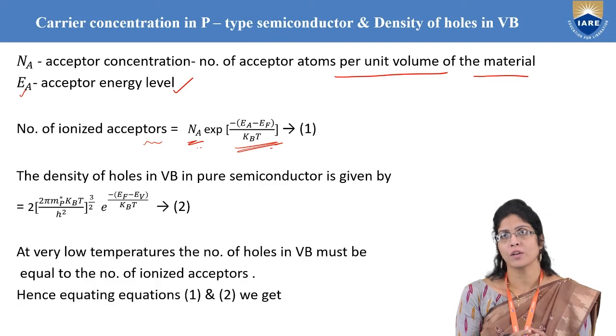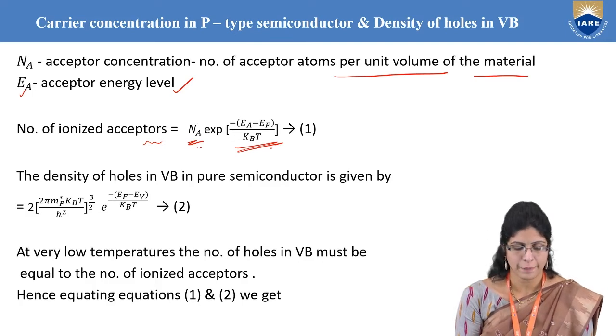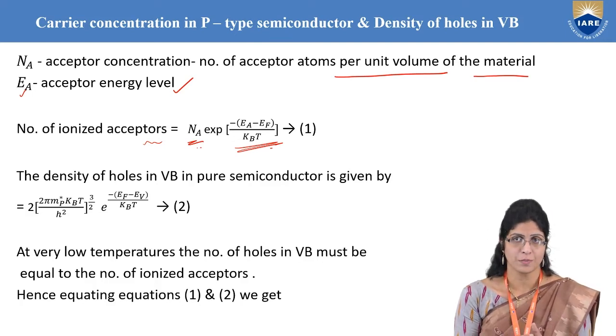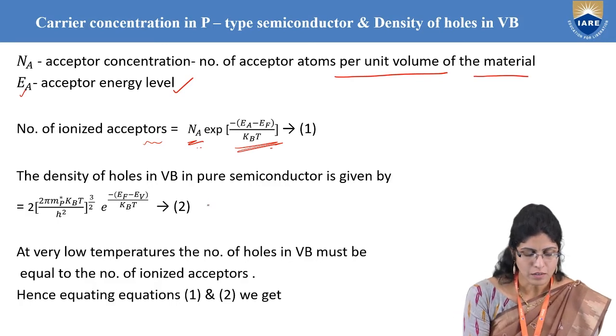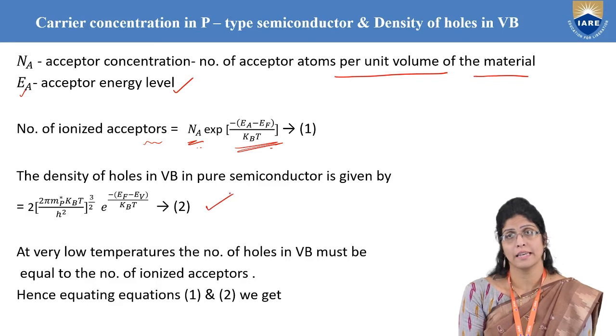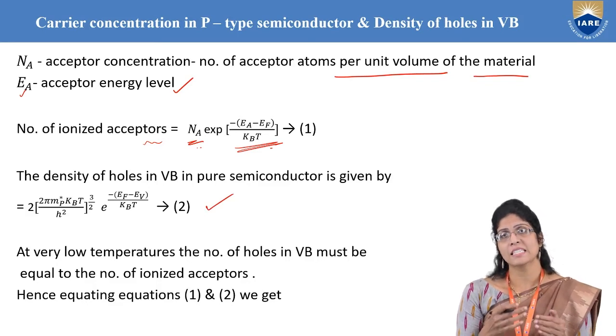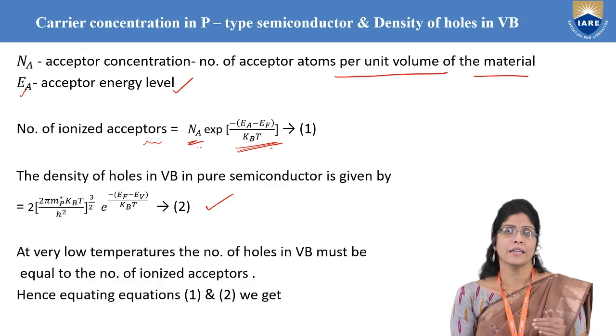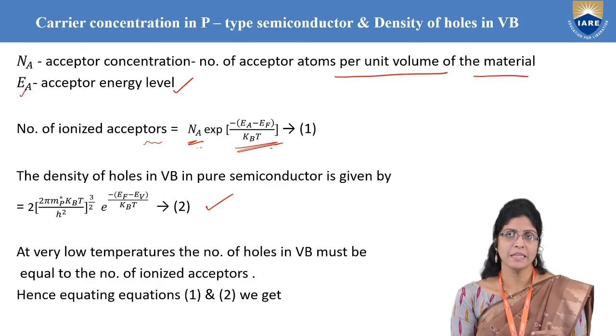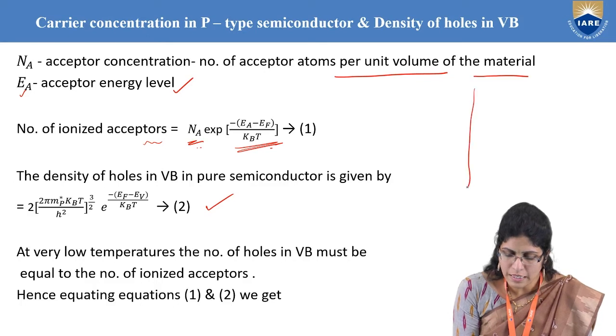That probability should also be taken, which is given by the Fermi-Dirac distribution. First, you need to know how many holes are there in the valence band. Why? Because as many holes as there are in the valence band, so many ionized acceptors will be there. For those who are seeing my lecture for the first time, I'll try to explain.